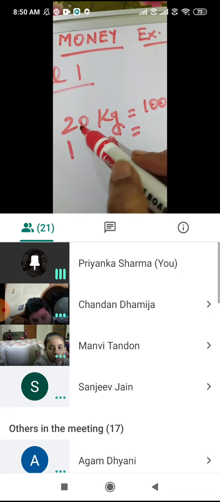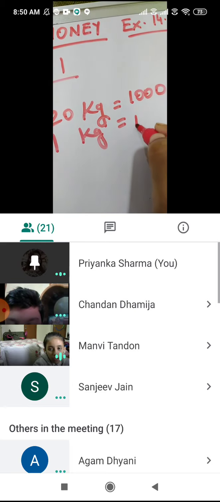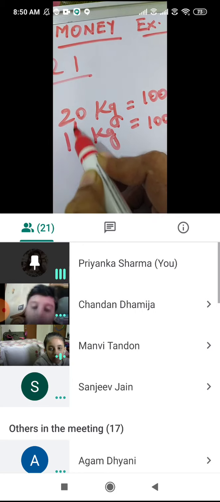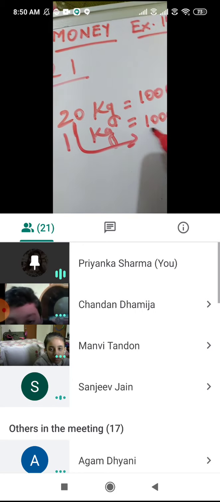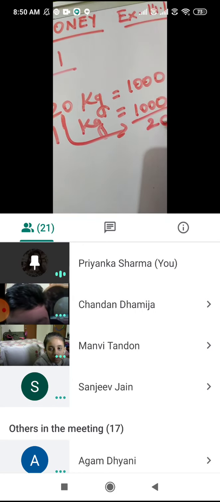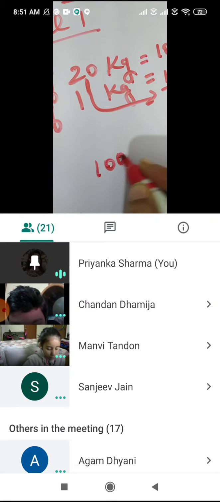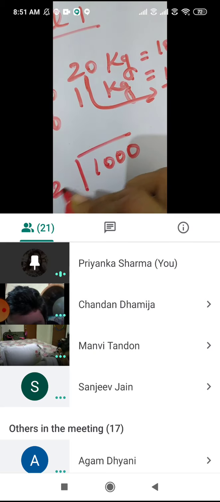As I told you, 1000 we will write here, and this number which is on the left hand side will come in the denominator, that is 20. So we are going to divide 1000 by 20.